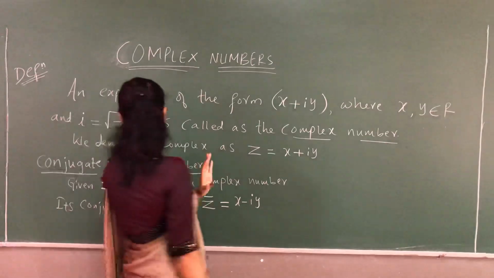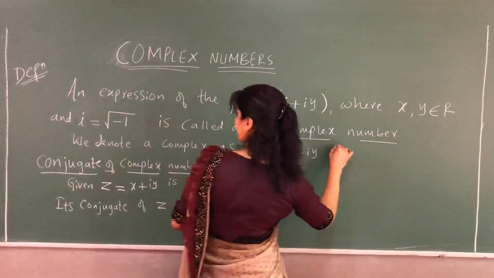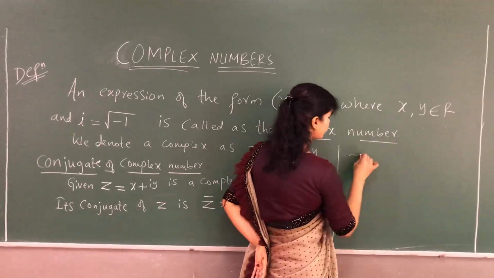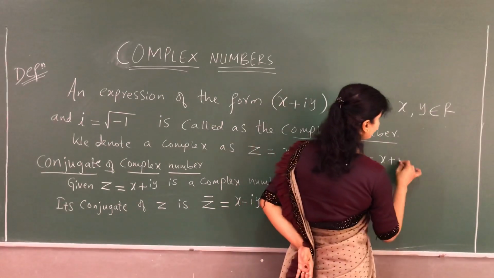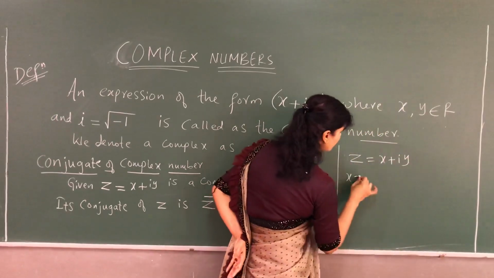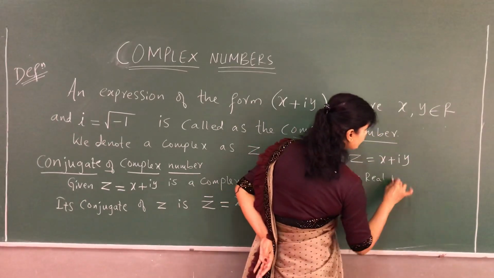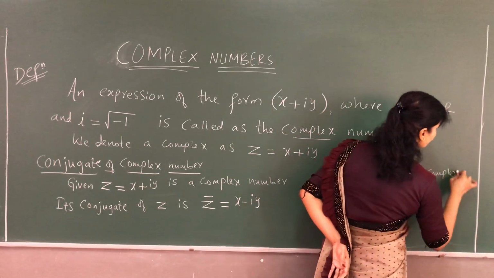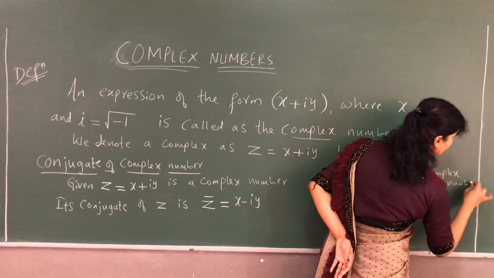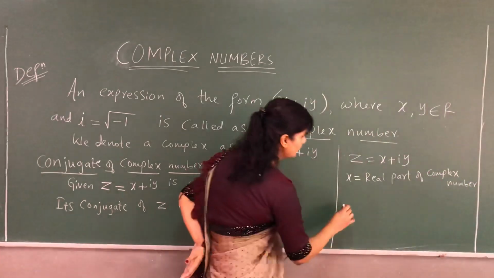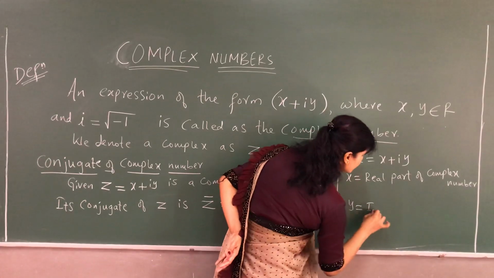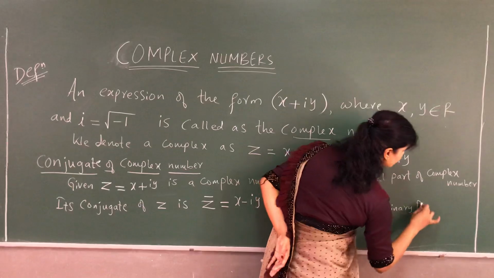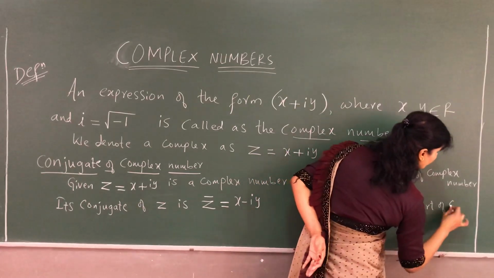In this complex number, children, if z is equal to x plus iy, x is called the real part of the complex number, and y is called the imaginary part of the complex number.